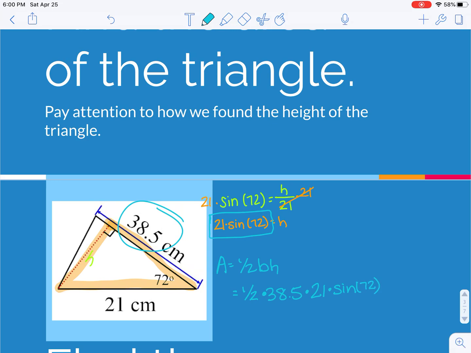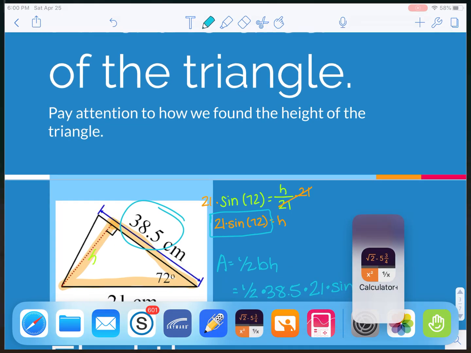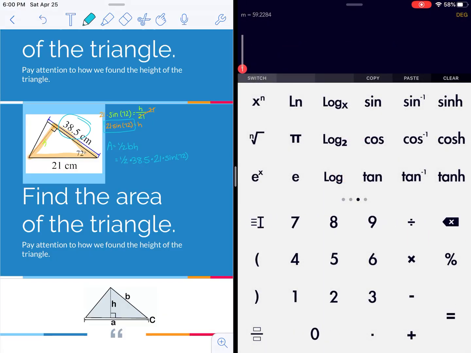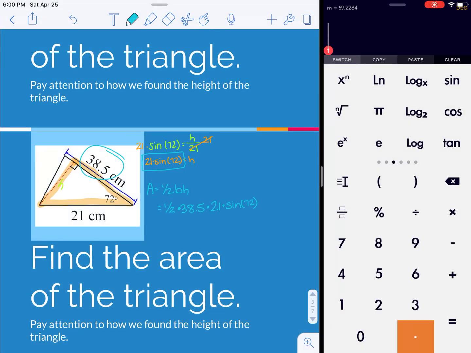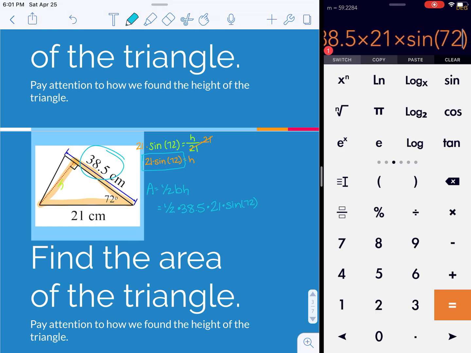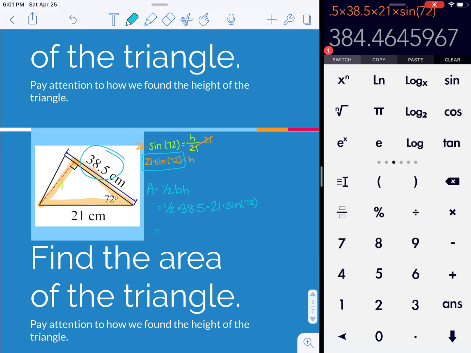And if I type that entire thing into my calculator, I get 1/2 times 38.5 times 21 times the sine of 72 degrees, and I get 384.5.